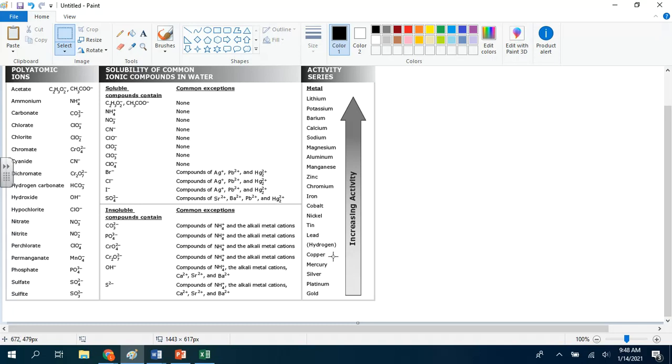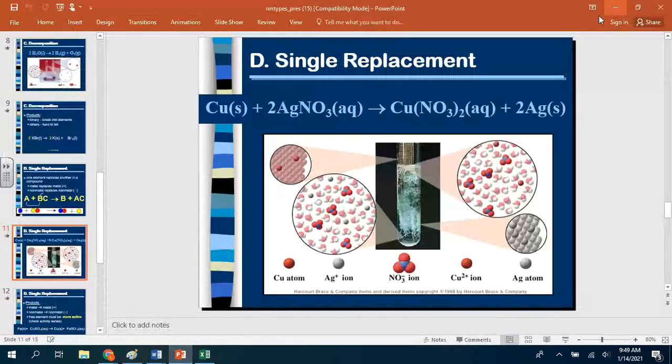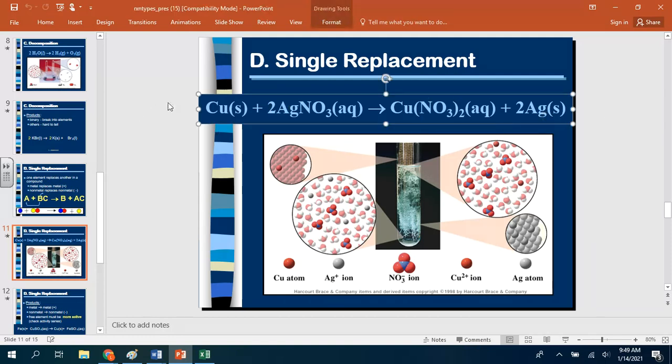That means it will replace it. So let me repeat that. The free element has to be higher on the activity series to replace the one in the compound. If it is not, then that reaction will not happen and you will simply put an NR after it. Okay, so copper was higher. That means it goes in, it bonds with nitrate instead and kicks silver out over here. Single replacement.